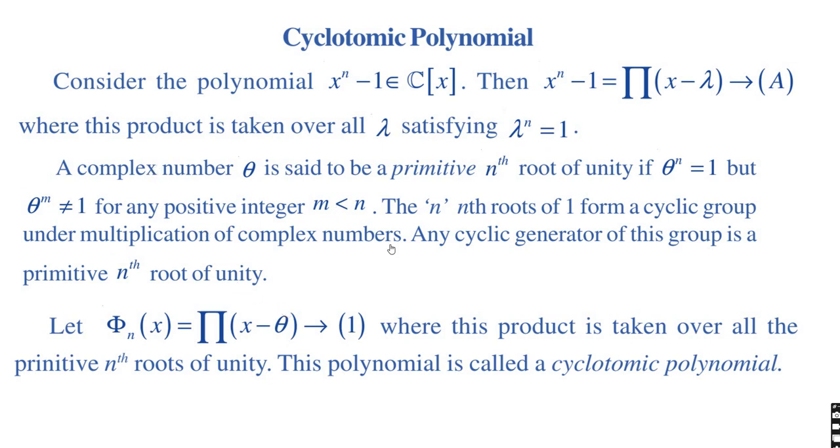Now the name given to this lambda, say either you denote it as lambda or theta, whatever it is. So what is the name given to that? That is explained here. A complex number theta is said to be a primitive nth root of unity, that is 1, if theta power n is 1, but theta power m is not equal to 1 for any positive integer m less than n.